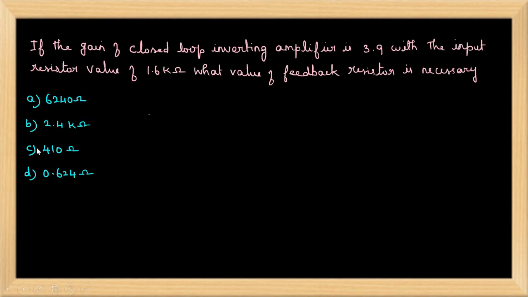If the gain of the closed loop inverting amplifier is 3.9 with the input resistor value of 1.6 kilo ohm, what value of feedback resistor is necessary? Here the formula is that the closed loop gain is minus RF by Ri. Closed loop gain value is given as 3.9 and RF is asked, divided by 1.6 kilo ohm.